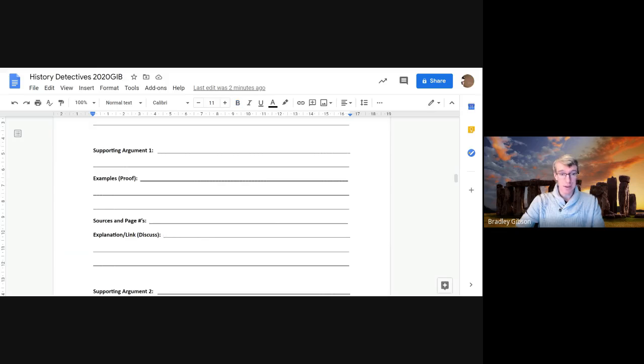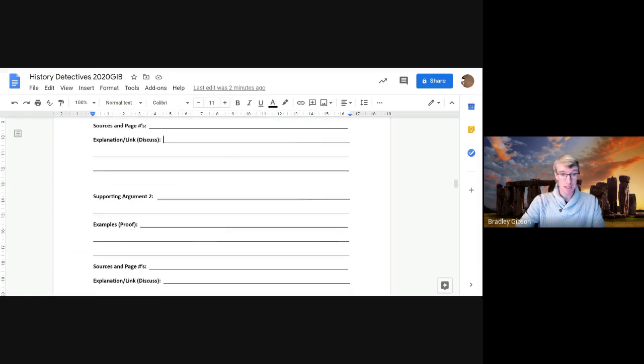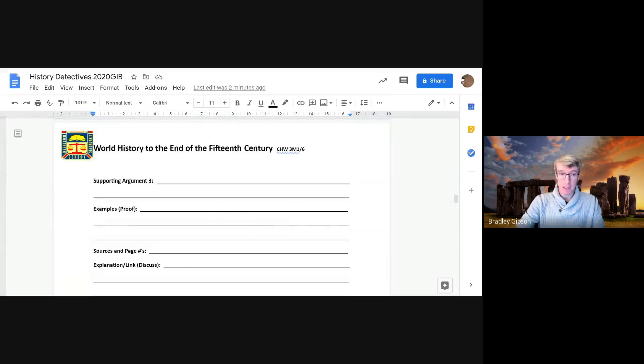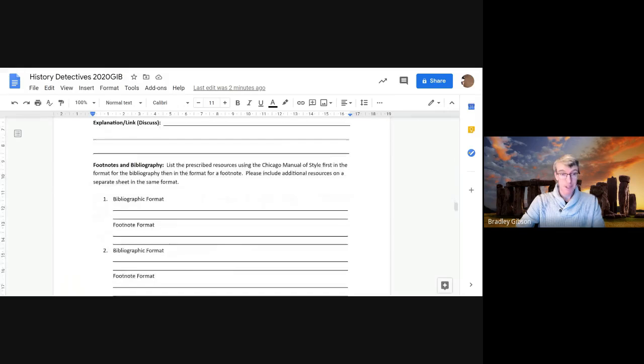That's your citation, and then you explain how your proof, the evidence, your quote or your description, helps make your argument, helps your point. And you do this process 3 times. So you have 3 sub-arguments and 3 proofs and 3 explanations with citations. If you do additional research, that'll pop up in your citations as well.